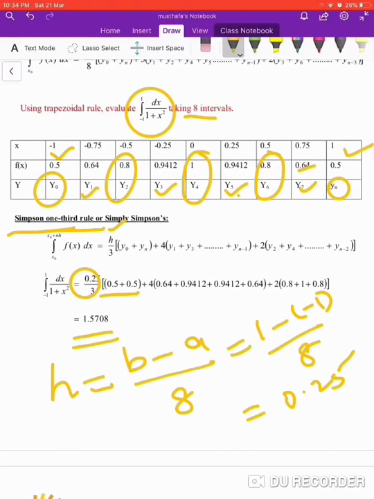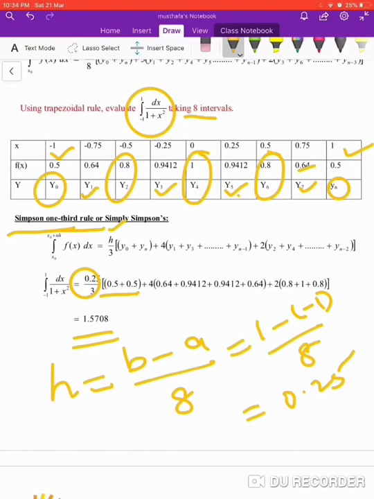The formula is h over 3, the initial value plus the final value plus 4 times the odd entries of your y values plus 2 times the even entries of your y values. Just take down those values and substitute in this formula, and on simplification you will get the integral value.